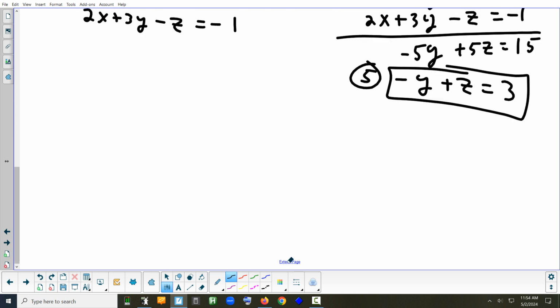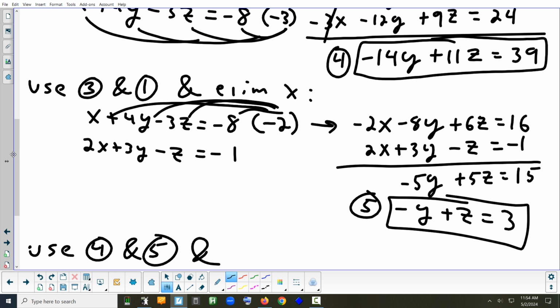So now we're going to use 4 and 5, and we have to choose what we want to eliminate. What letter do we want to try to get rid of in 4 and 5? Y. Okay, so we could get rid of the y.